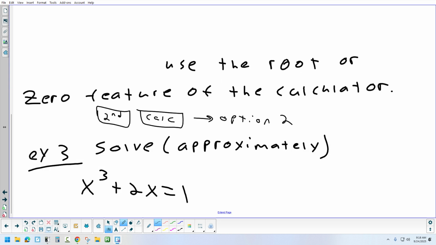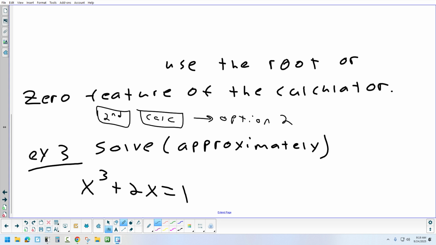All right, let's try this one. Now, this one says solve approximately. I'm not even sure we could do this one exactly with what we know right now. Why not? What makes this equation a little harder than the last one? Yeah, an exponent of 3.